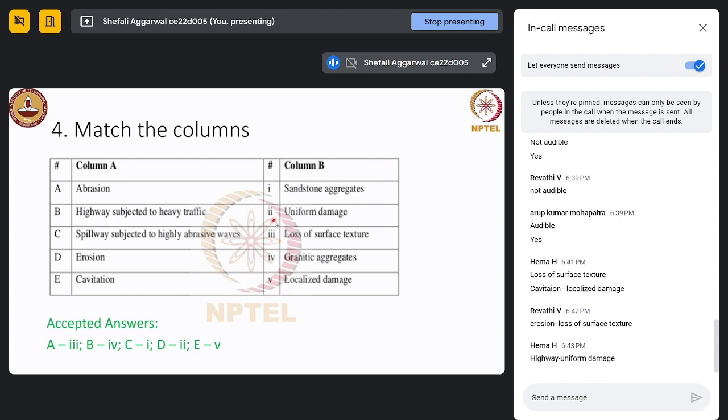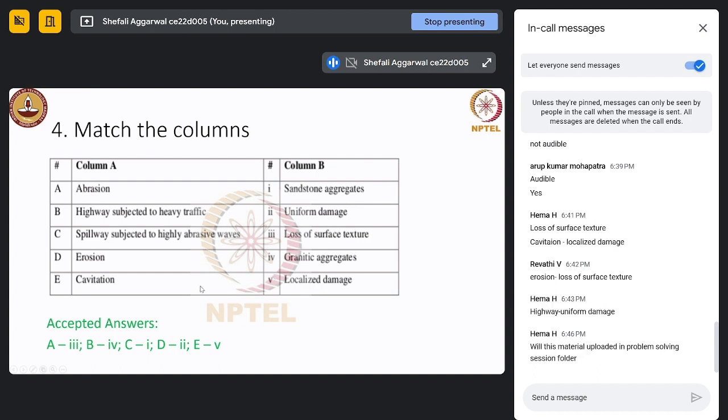Either the complete surface is removed, or erosion can be localized damage as well, I think, because as we have read before, erosion will cause two types of damage. Either it will be abrasion or cavitation plus abrasion. So in this case we can say that erosion is causing uniform damage as well as localized damage, so both options will be correct.